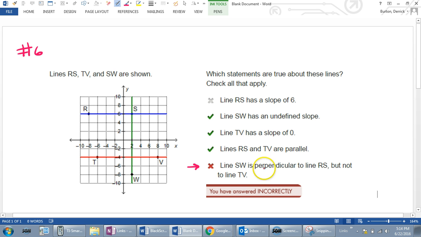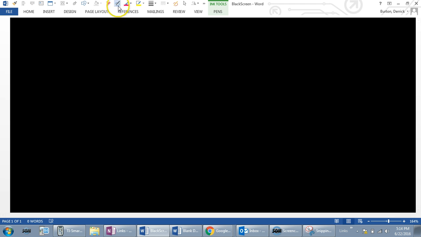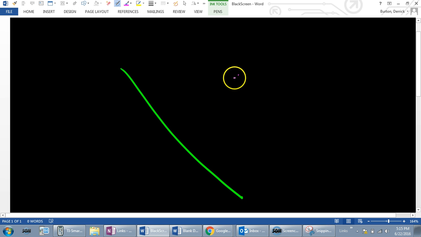You know what? We never actually talked about what the word perpendicular means. We just started talking about slopes. So let me just make this super clear. Lines that are perpendicular, they meet at a 90-degree angle. So if this green line is going to be perpendicular to this pink line, it means, by definition, that they form a right angle, a 90-degree angle.